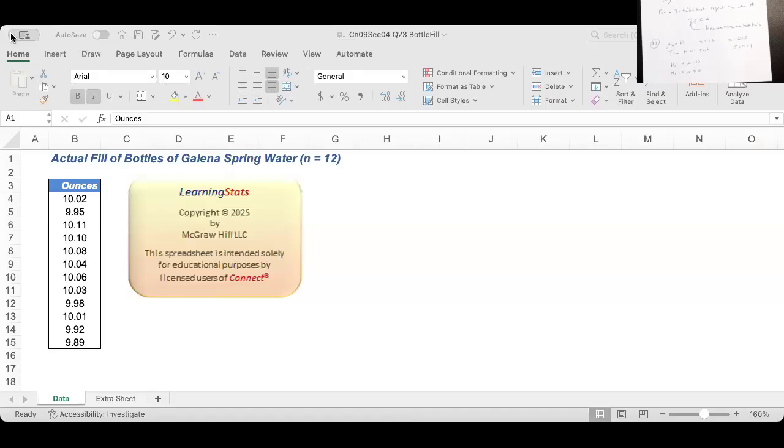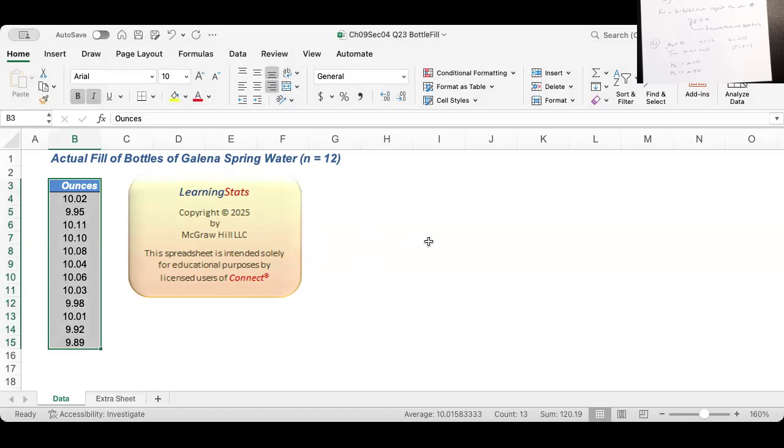Oh, it brings up the other one because that's not the one I'm using. Don't save. There it is. There's my data. Bottles of Galena spring water, actual fill volumes by ounces. How do I get the information I want? What do I need from this data?